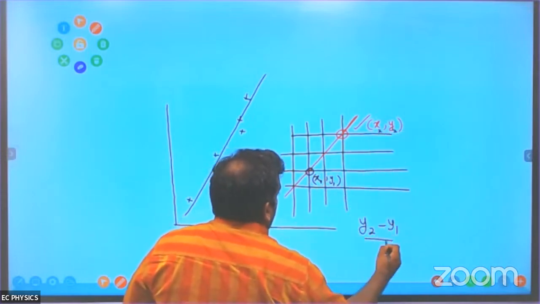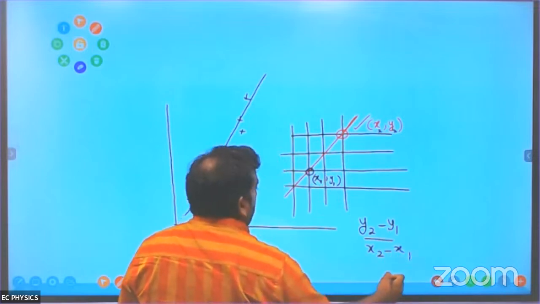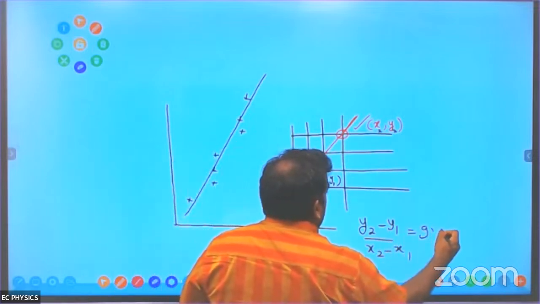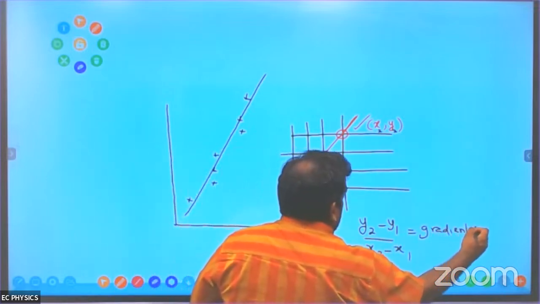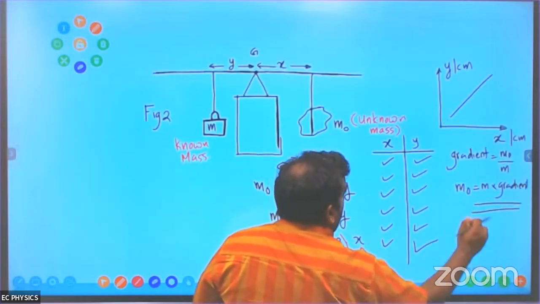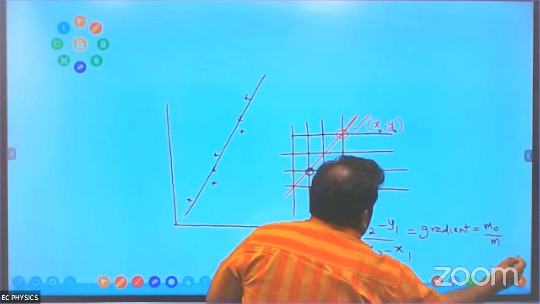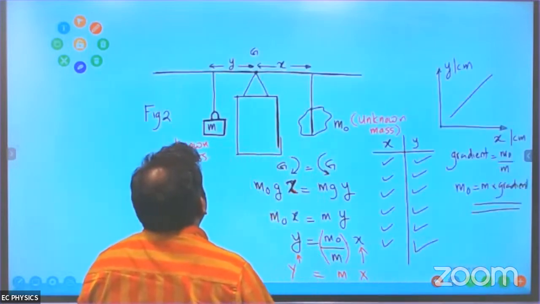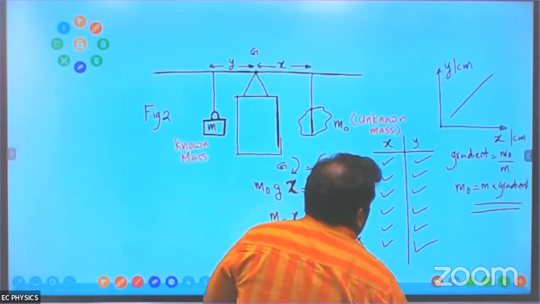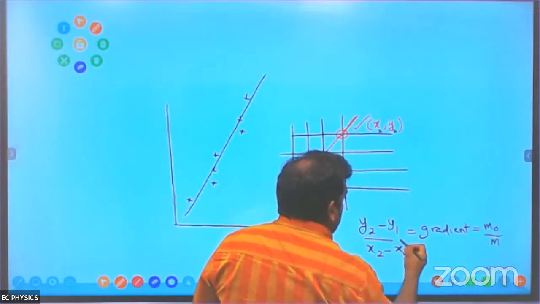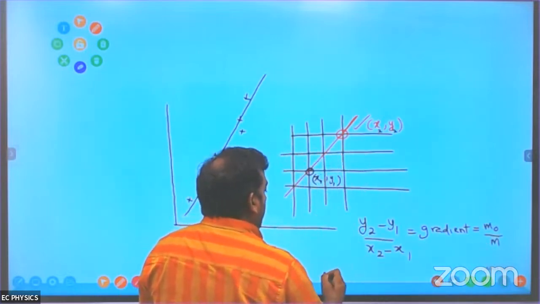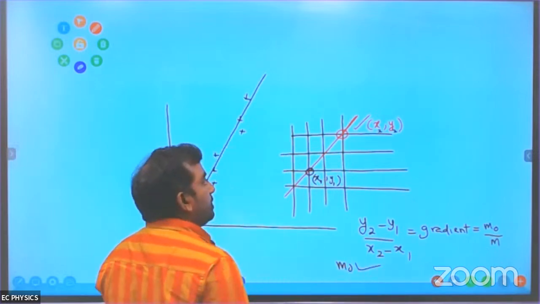Y2 minus Y1 divided by X2 minus X1. That is your gradient. Your gradient is equal to M naught over M. From there, cross multiply, and you can find M naught.